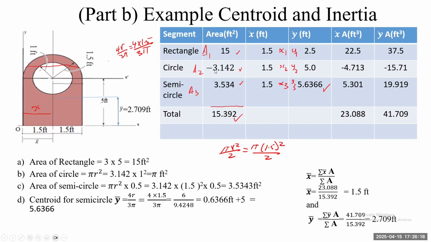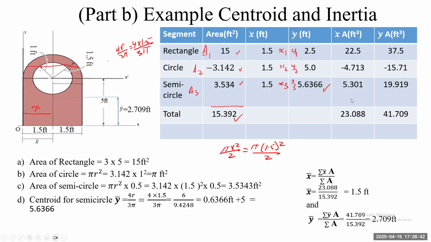The same for the negative one: negative times positive 5 gives you minus 15.71 for the y bar times area. And you do likewise, 3.534 times 5, you get 19.919.